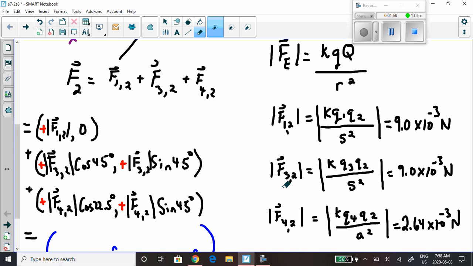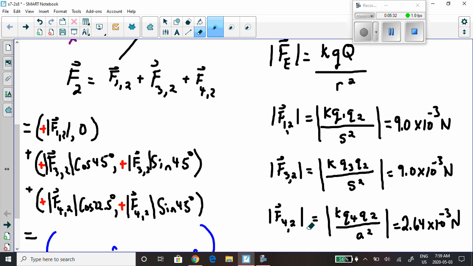Now, the magnitude of the electric force from charge Q3 onto charge Q2 is K, Q3, Q2, and they are separated by a side length, 1 meter. So it would be the same since the charges are all the same. Now along the long diagonal, the electric force from charge Q4 onto charge Q2, I want to find the magnitude K, Q4, Q2, but now it's not a side length, it's the diagonal length. So we've got that right there.